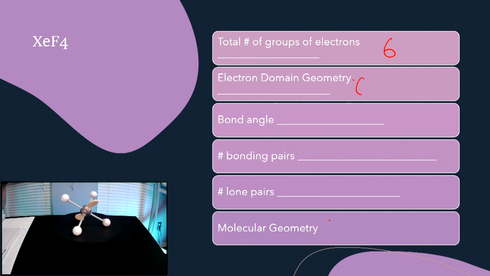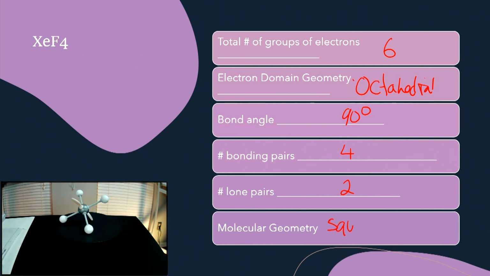The electron domain geometry is octahedral. The bond angle will be 90 degrees. Bonding pairs are 4. Lone pairs are 2. So the molecular geometry, we call that square planar. So that is a molecule of XeF4.